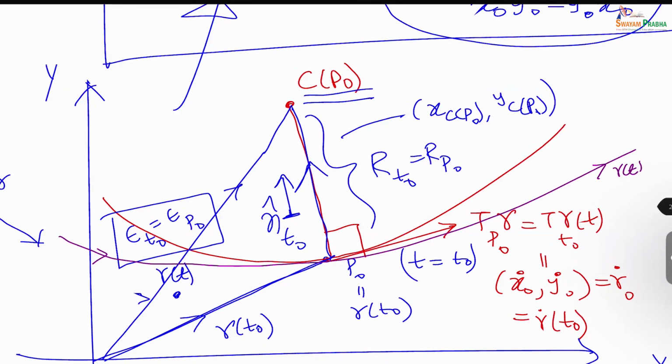And so basically what we have done is we have got this point, which is the center of curvature of the curve for the given point p naught on the curve, which corresponds to t equal to t naught. That means p naught is gamma of t naught, okay. And the center of curvature at p naught actually has an x coordinate and a y coordinate, all right.